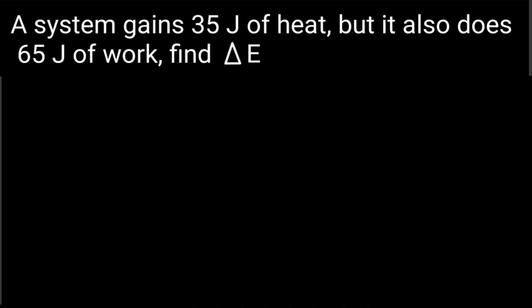How about we're given this problem here? A system gains 35 joules of heat, but it also does 65 joules of work. Find the change in internal energy. So let's analyze the problem first. It says here the system gains heat, so that means it absorbs heat.